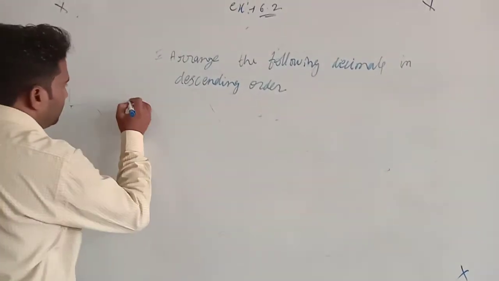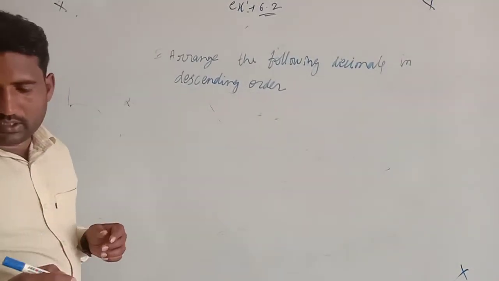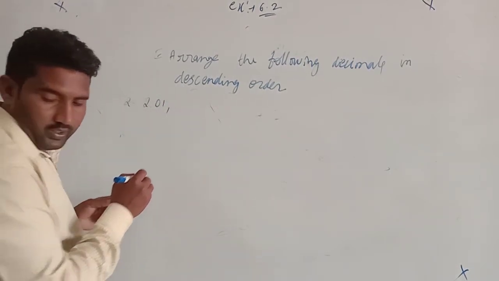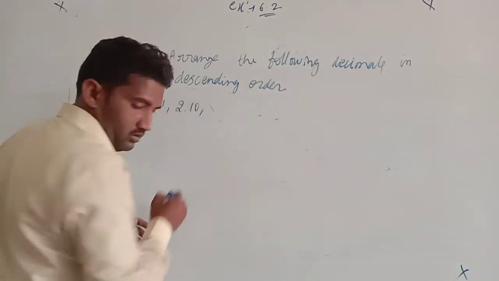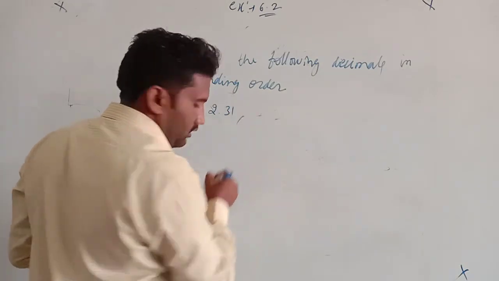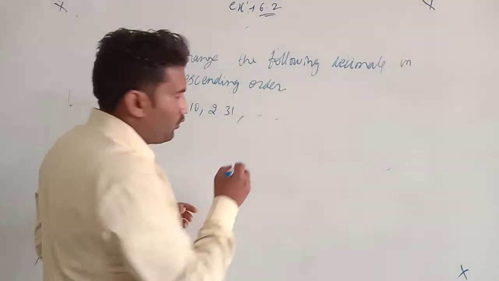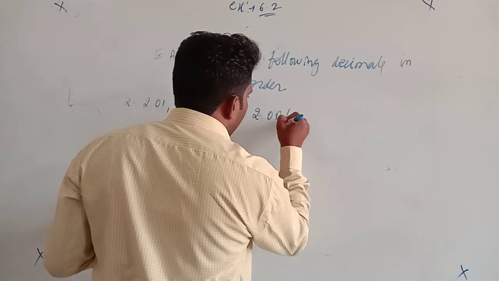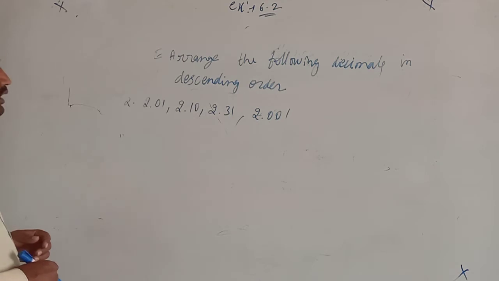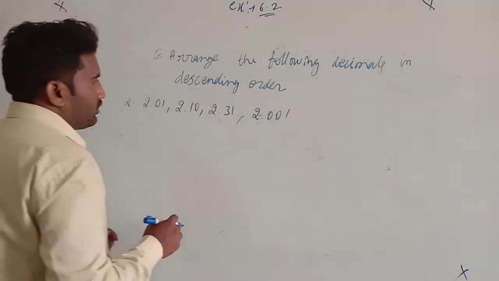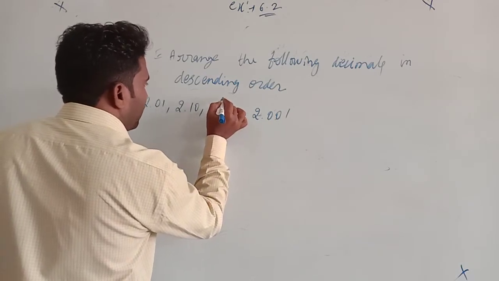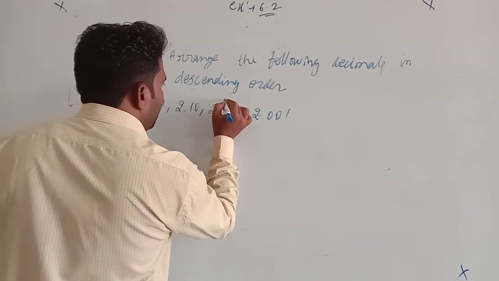In the second one, in E, the numbers are 2.01, 2.10, 2.31, and 2.001. Okay, so in these four numbers, we see 2.31 is greatest, greater than all the three numbers.